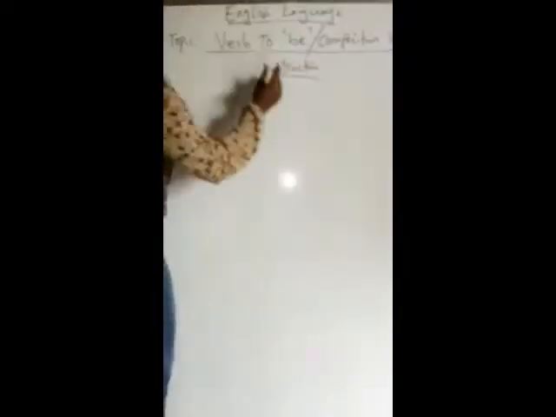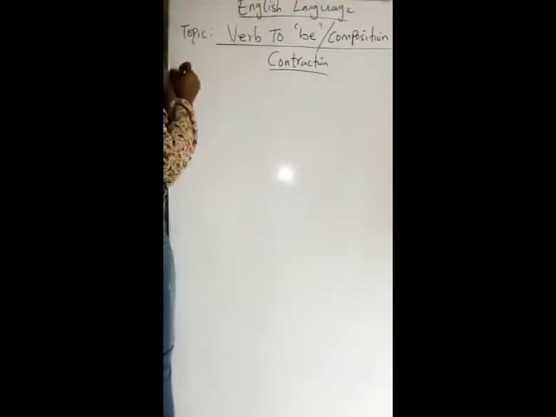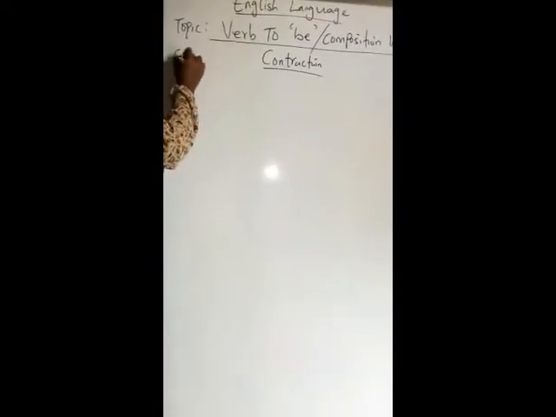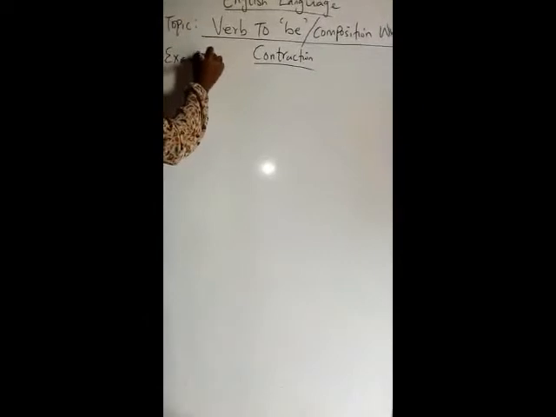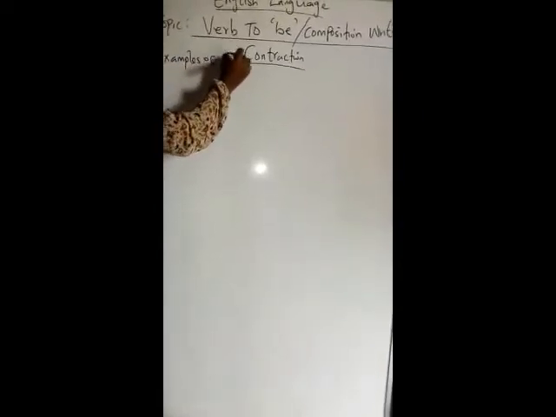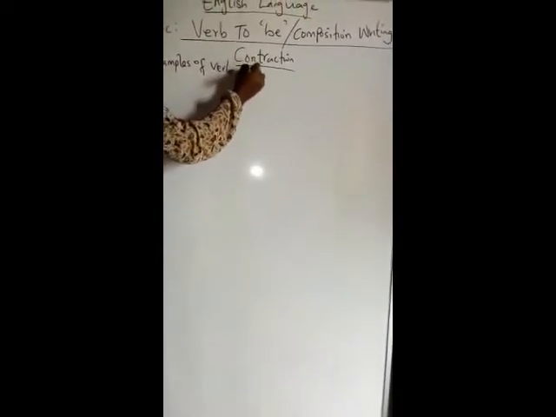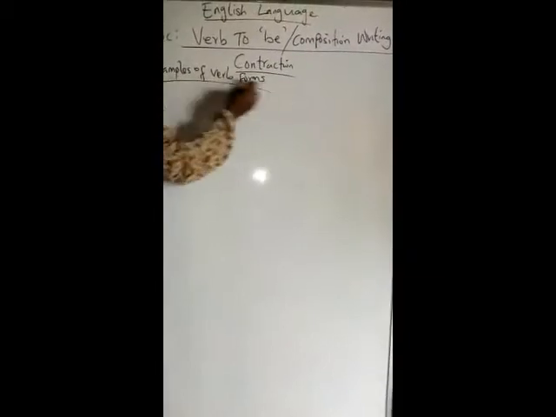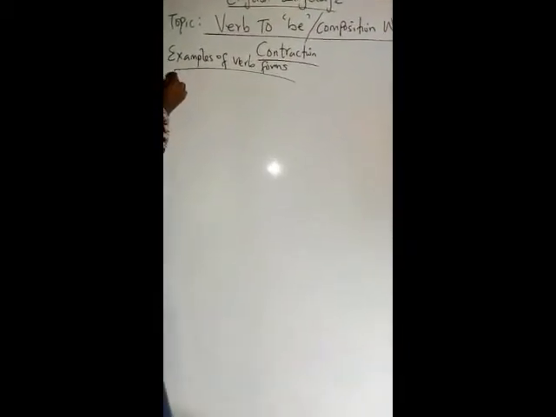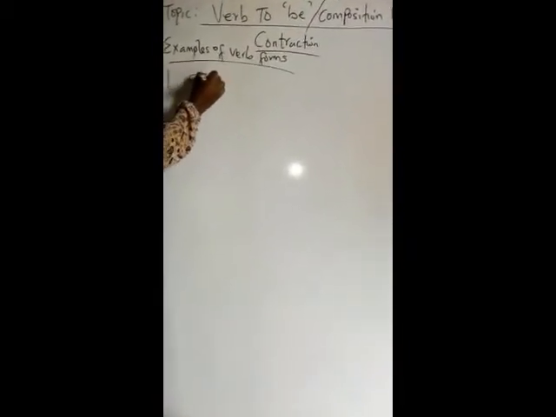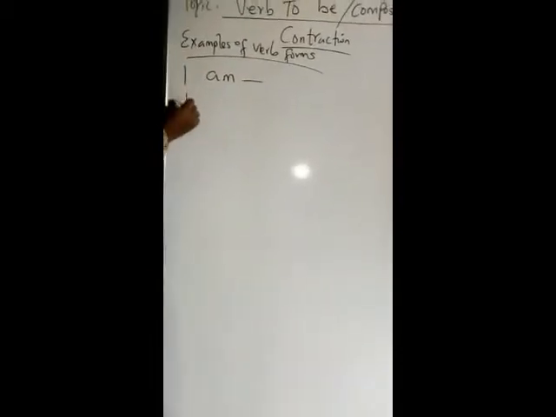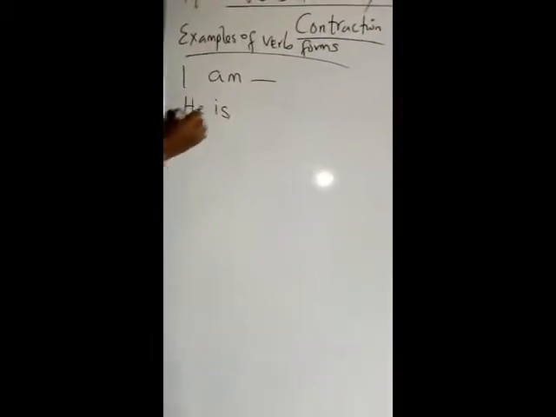Good. Contraction. Now let me give us some examples of verb forms. For example, we have something like I am, he is not.